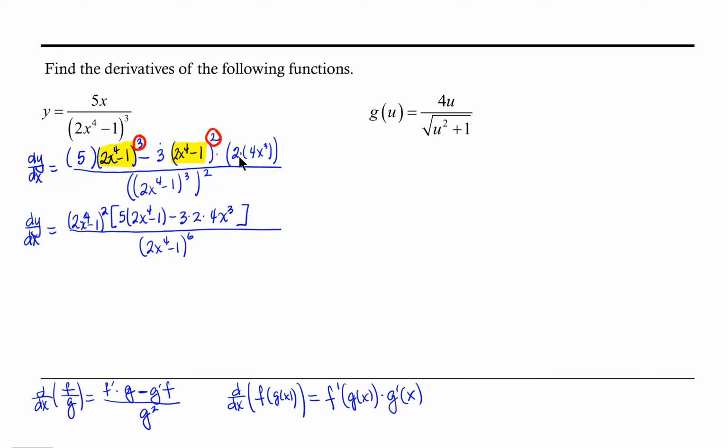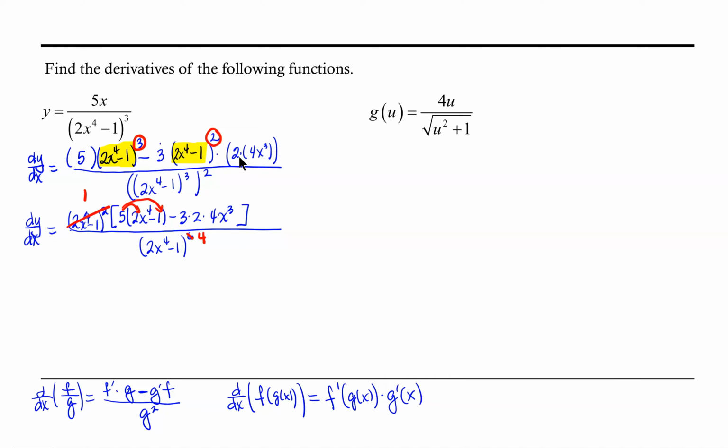We've got 2 factors of 2x to the 4th minus 1 in the numerator. And so that can simplify with the 6 factors we had in the denominator, and that will leave us with 4 of them. We can also distribute this 5 into the 2x to the 4th minus 1. So let's see what we end up with.